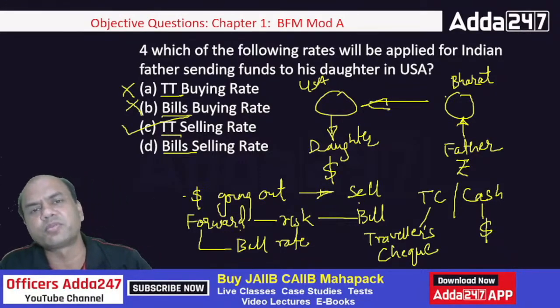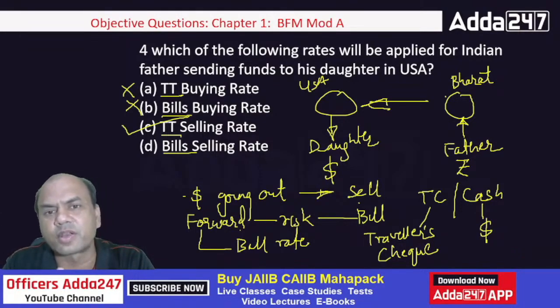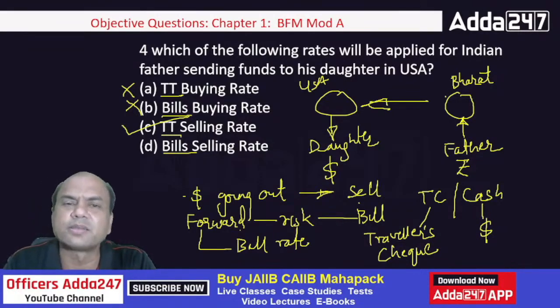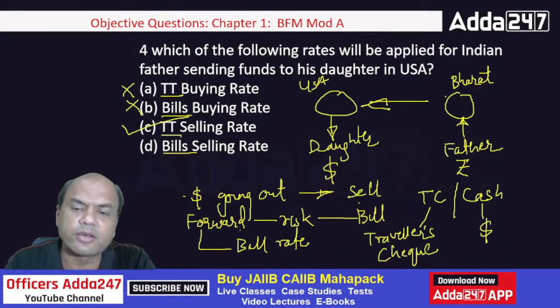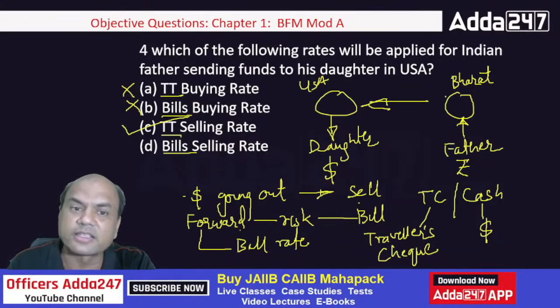Cards have come in, forex cards. So have you handled this TC, forex traveler's checks or forex cards also? Forex cards are similar to TCs, traveler's checks, right? So over here, the traveler's checks, this is the TC rate. For this, it's the cash rate, and in our case, it is the TT selling rate.